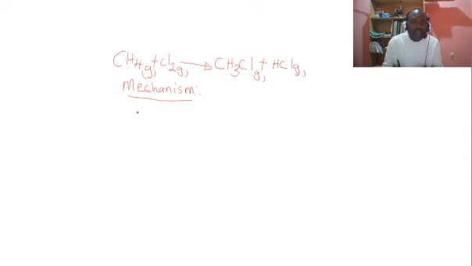Now, you see, the first thing is the initiation step. Remember, this reaction is in UV light. The first step is the initiation step. We all know that. Where you see, the chlorine atom, this bond, is going to split in the presence of UV light homolytically to produce two free radicals.